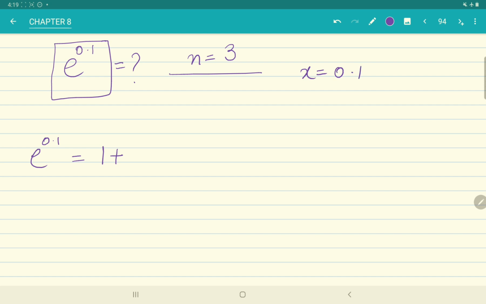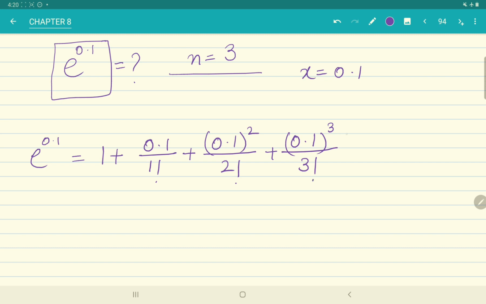So it's 1 plus 0.1 by 1 factorial plus 0.1 squared by 2 factorial plus 0.1 cubed by 3 factorial plus 0.1 raised to the power 4 by 4 factorial, and then I should write e raised to the power c.